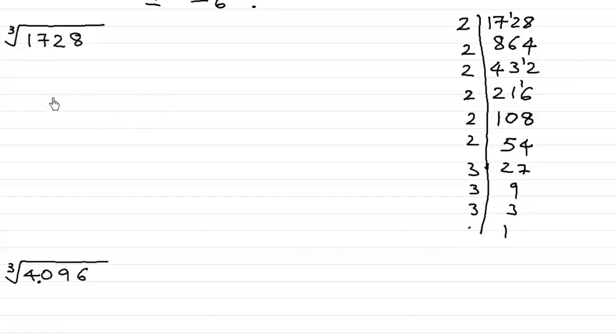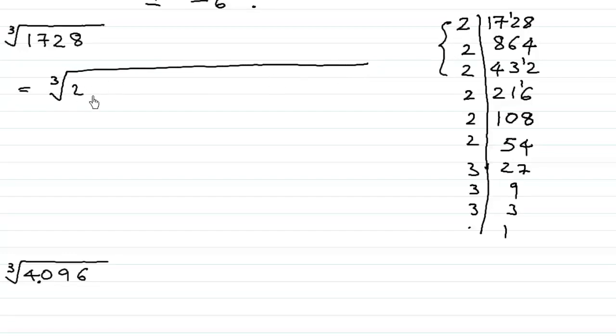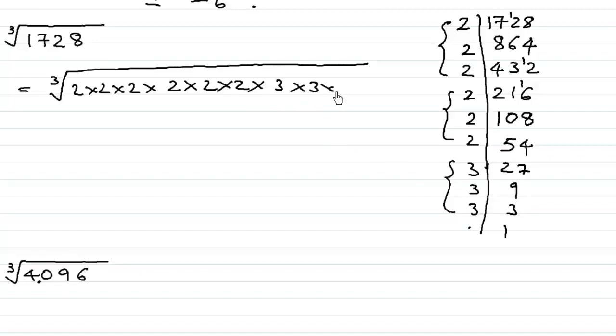So the cube root of 1728 is cube root of, we shall be writing this first, 2 into 2 into 2, 2 into 2 into 2, and then these 3 2s, again 2 into 2 into 2, and then the 3 3s, 3 into 3 into 3. So we know since this is a cube root, this time we need to make groups of 3 similar numbers.